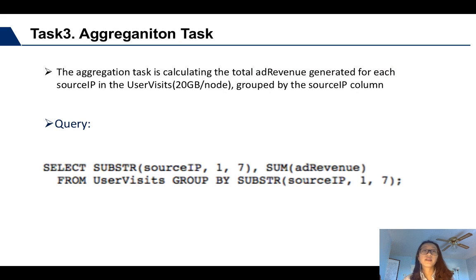The third task is the aggregation task. The aggregation task calculates the total ad revenue generated for each source IP in the user visits table, which is 20 GB per node, grouped by the source IP column. The query here is select source IP and sum of ad revenue from this table grouped by the source IP.